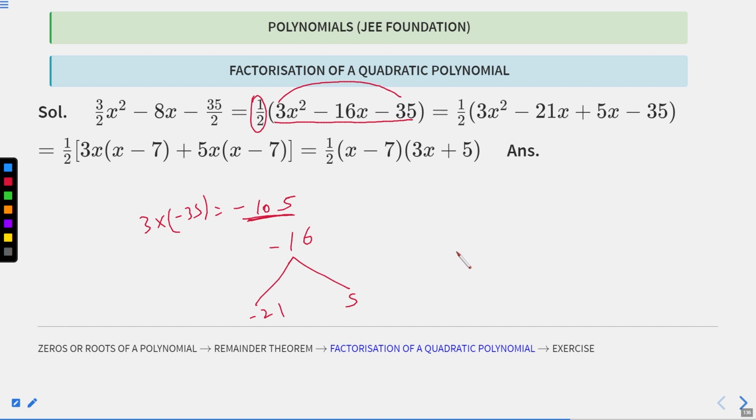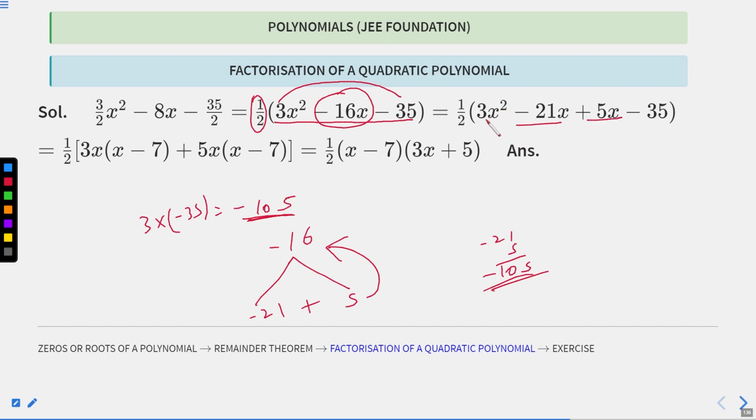Okay, so if you see, minus 21 times 5 is minus 105, and if you do the sum you will get minus 16 as your answer. So it is quite easy. Now just split minus 16 as minus 21 plus 5.